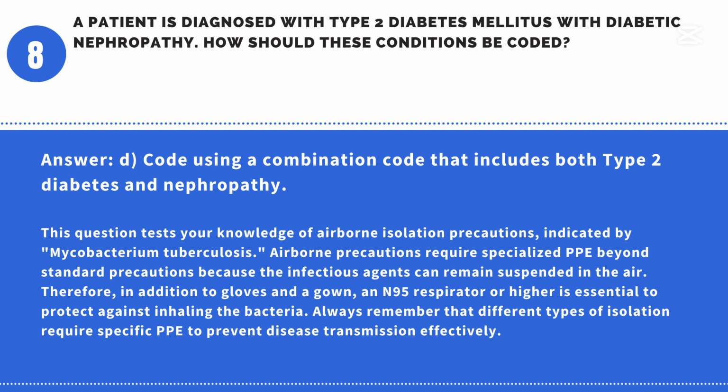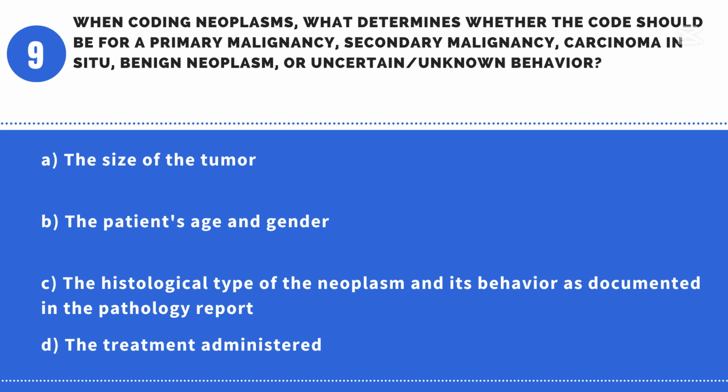The guideline for diabetes coding specifies that codes from categories E08 to E13 include the type of diabetes, the body system affected, and complications. Therefore, you should look for a single combination code that captures both the type 2 diabetes and the nephropathy.